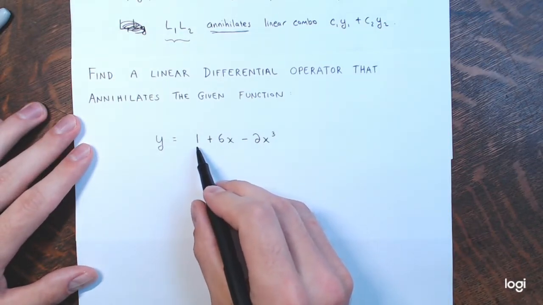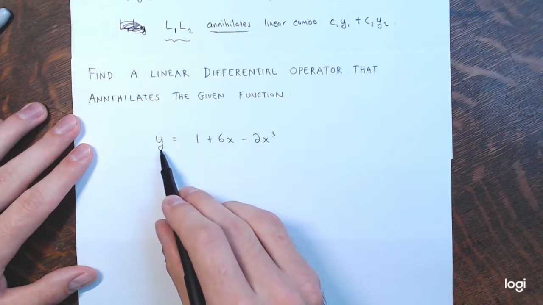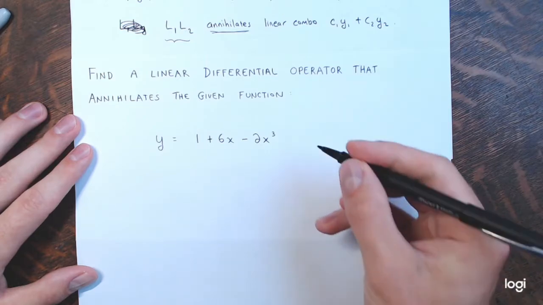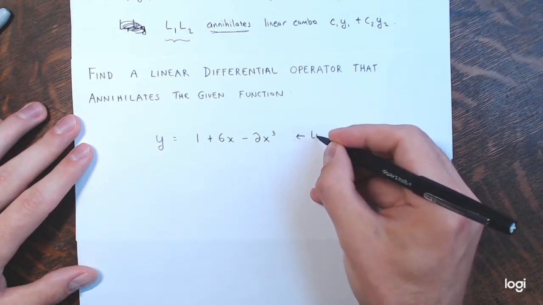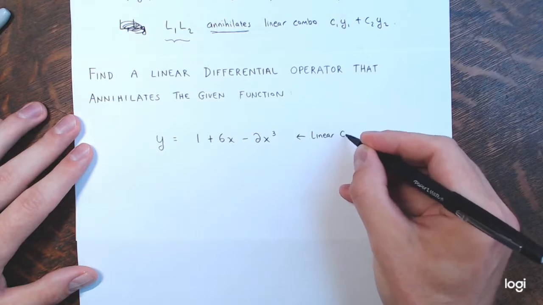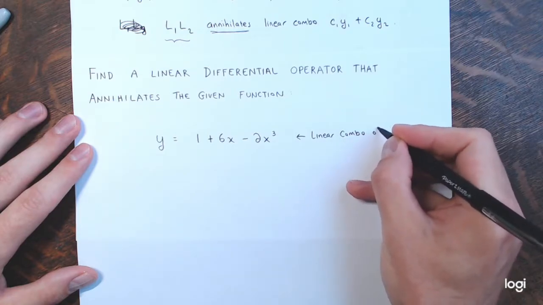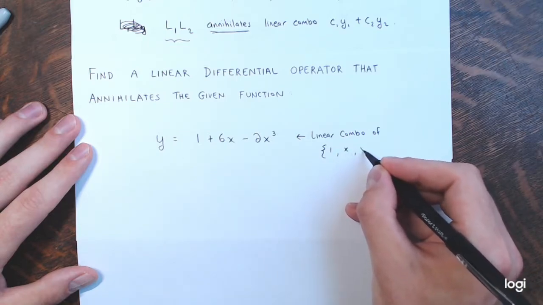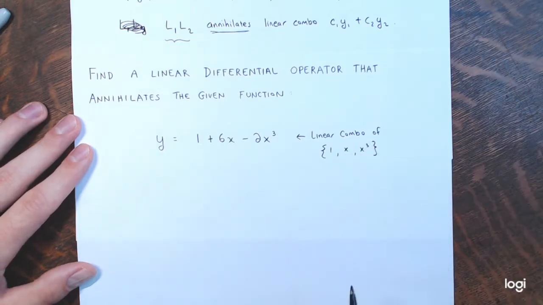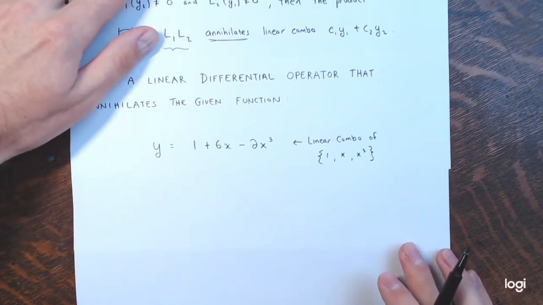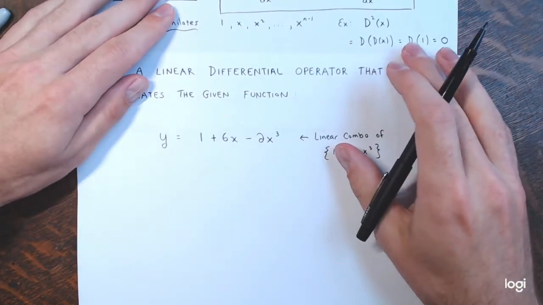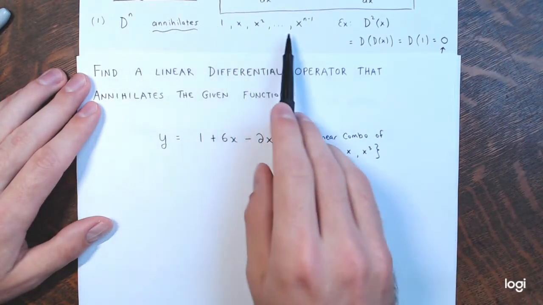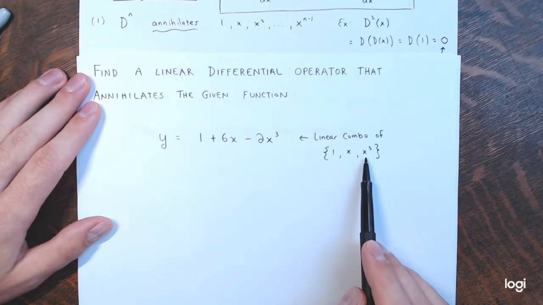Okay, so the function here, y equals 1 plus 6x minus 2x cubed. This is a linear combination of the following functions, of 1, x and x cubed. And from one of the previous rules I put up earlier, these are just powers of x, the highest being x cubed.